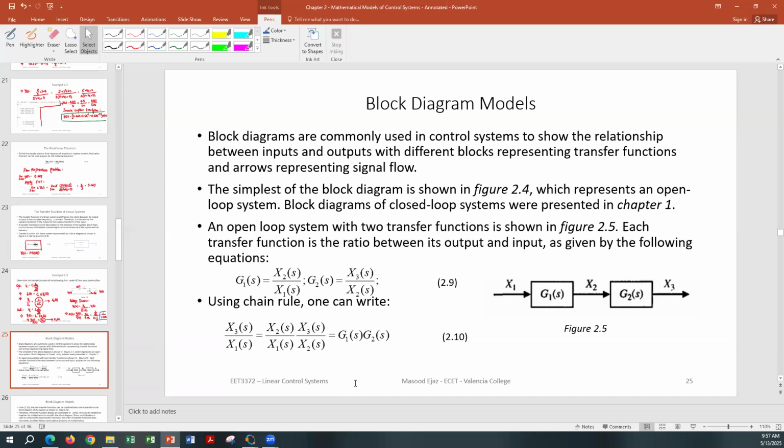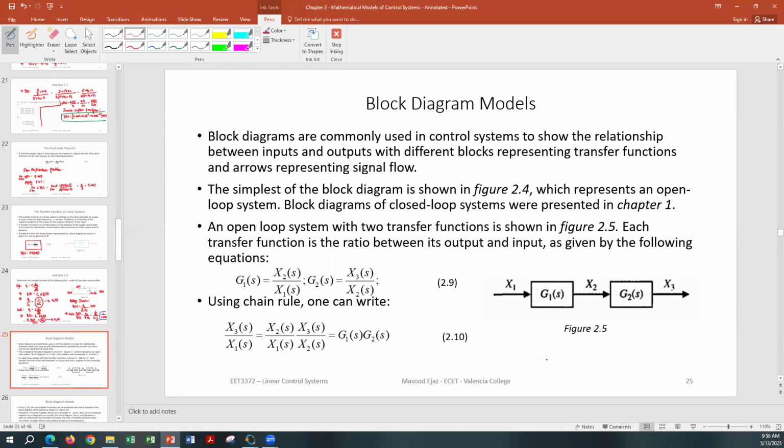So there are some rules. If you have multiple blocks in a block diagram, there are rules for how you can combine or eliminate blocks such that your system is reduced to just one block. We're going to look at some of those rules. The first thing is, if you have two transfer functions in an open loop system, G1S is the ratio between x2 and x1, and G2S is the ratio between x3 and x2.